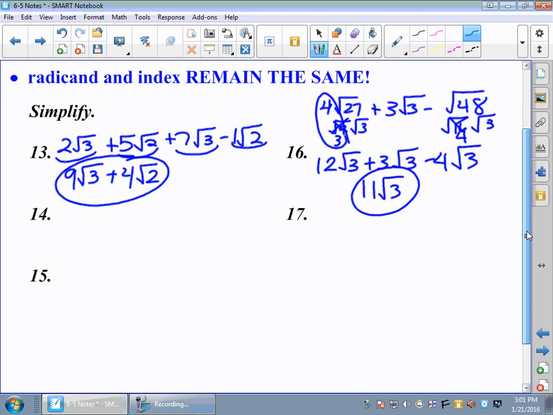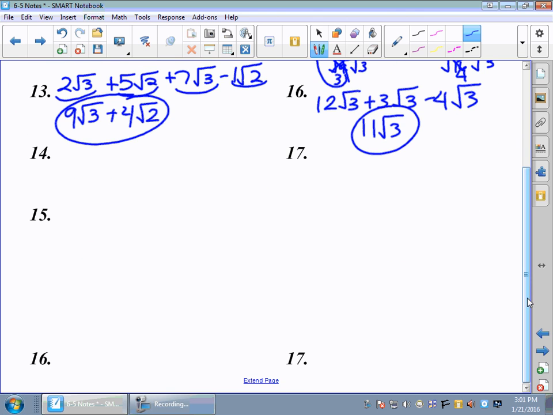Multiplication or foiling now. We can FOIL these things. I'll just show you one of these. So we have, oops, I'm sorry, 12 plus root 3, times root 3 plus 6 root 5.